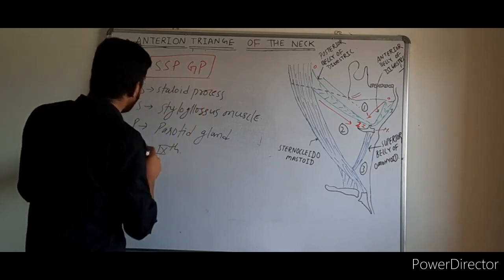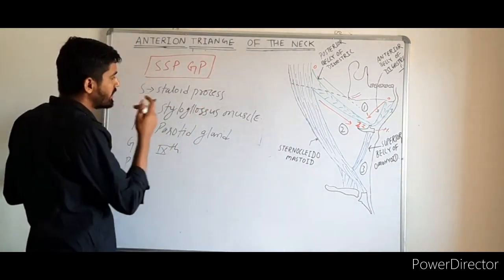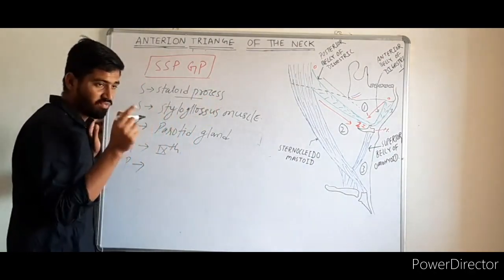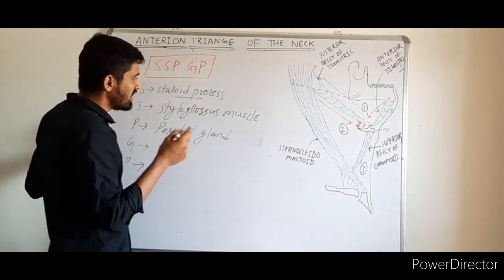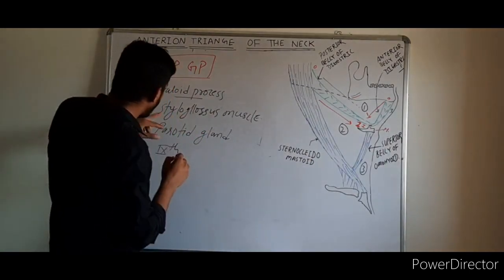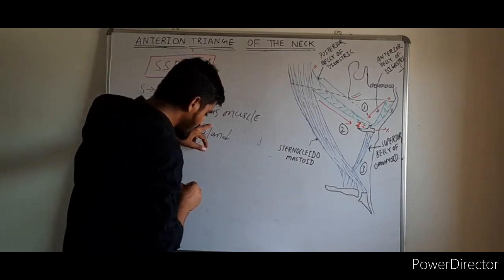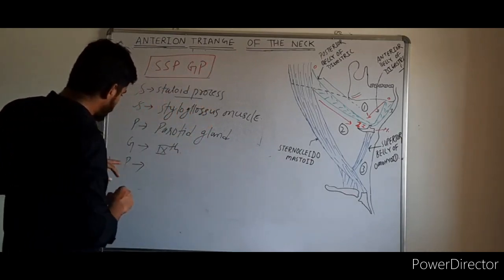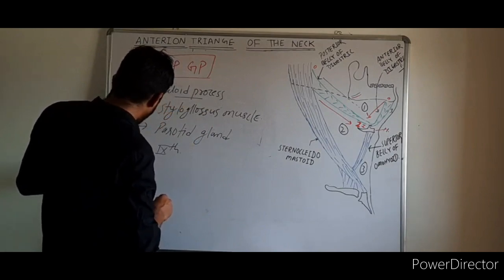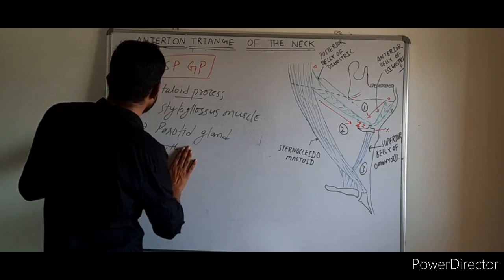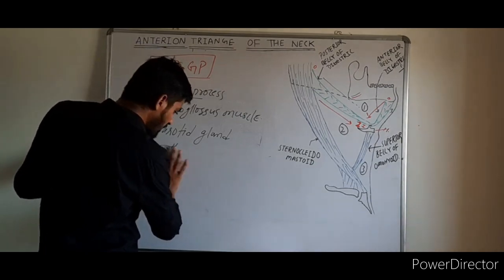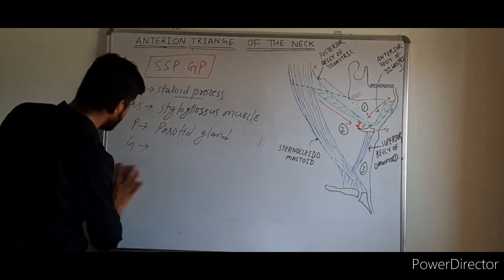One more S will come in the styloid process. It is the structure, one is the styloid process and second is the structure related to this. In that, the styloglossus muscle has come. Now G, P, glossopharyngeal. Now SSP and G means glossopharyngeal, and again one more S will come.